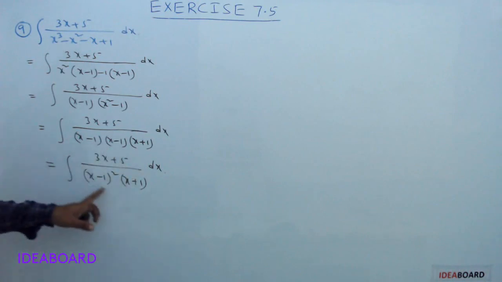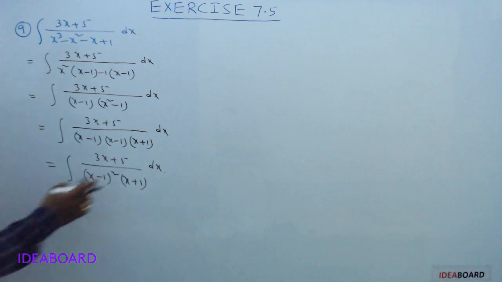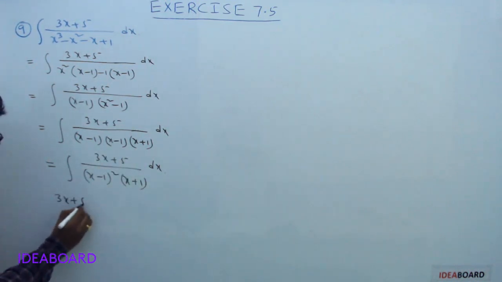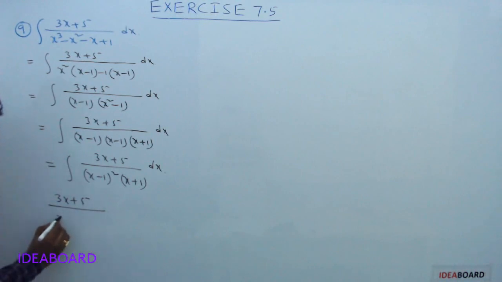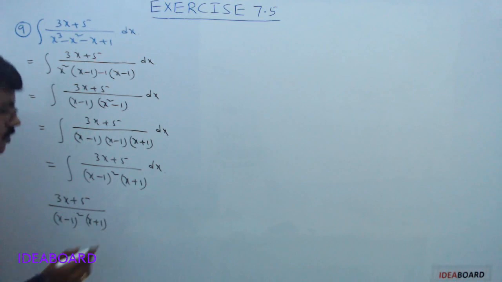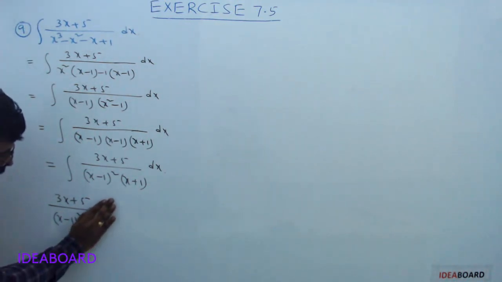Then resolve this fraction into partial fractions. Now take this fraction separately. Now this is 3x plus 5 divided by x minus 1 whole square into x plus 1. Now first close the non-repeated linear factor x plus 1.